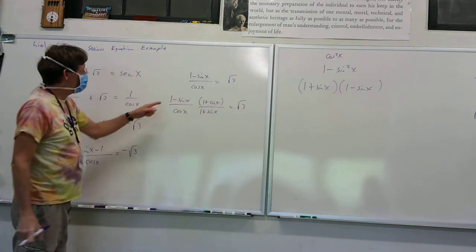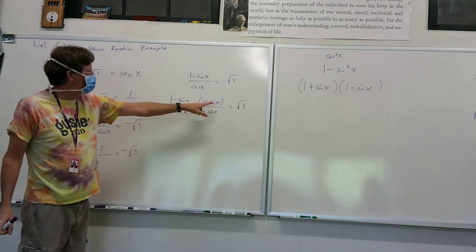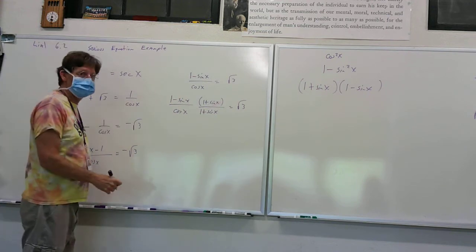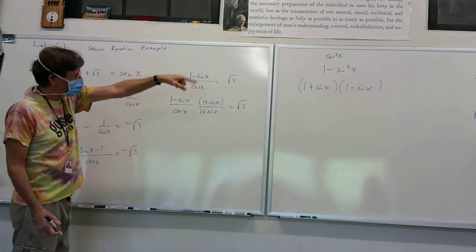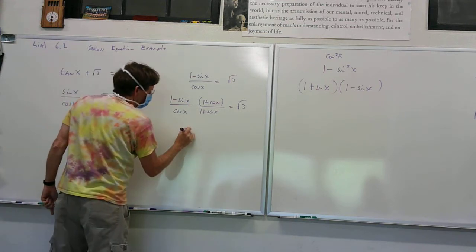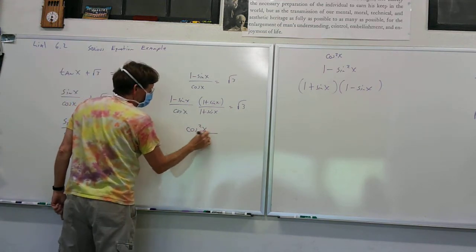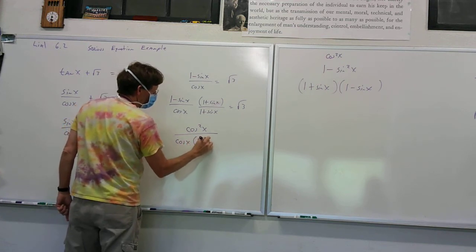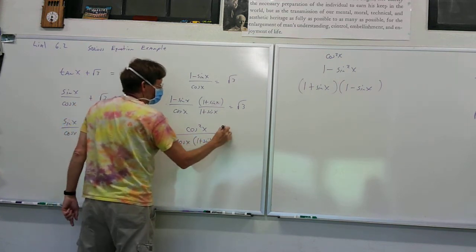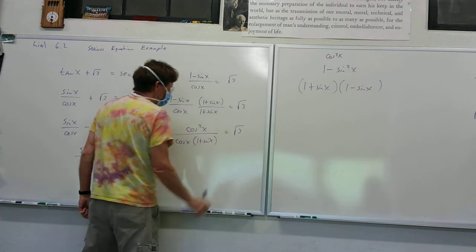So I multiply those together, I get 1 minus sine squared, and 1 minus sine squared is what? Cosine squared. And I've already explained that, so I'm going to skip down. I'm going to get cosine squared x over cosine x, 1 plus sine x equals square root of 3.